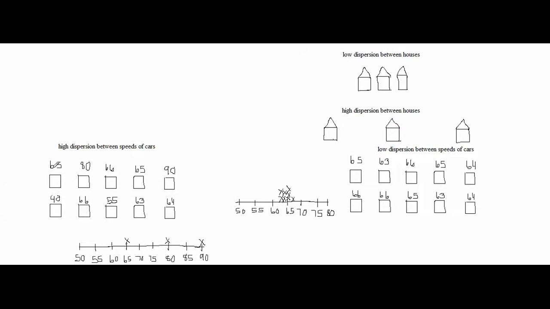So we have 65, 80, 90. 66 would be right here. We have two 65s. 40 would be way out here. So the fact that we have to extend the number line shows that our spread is going up.